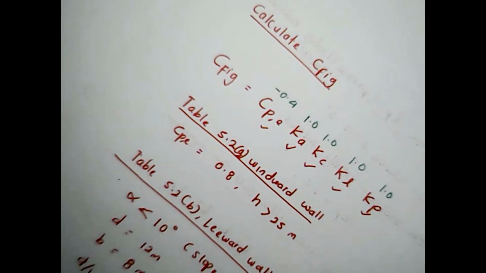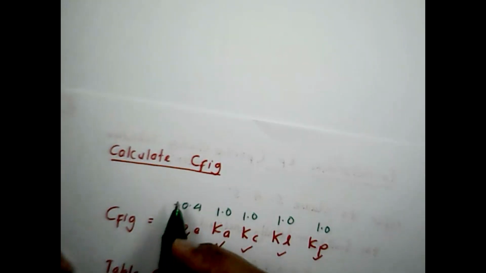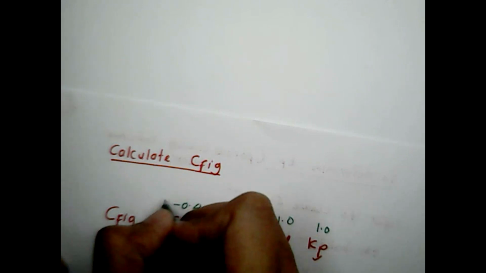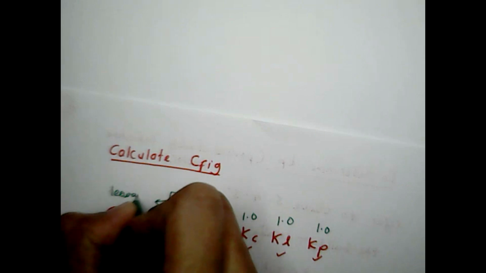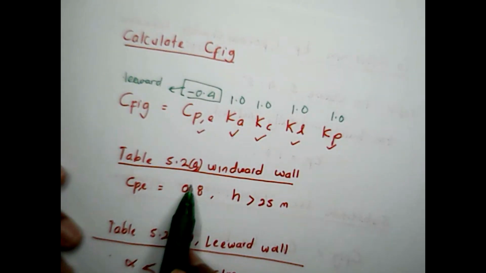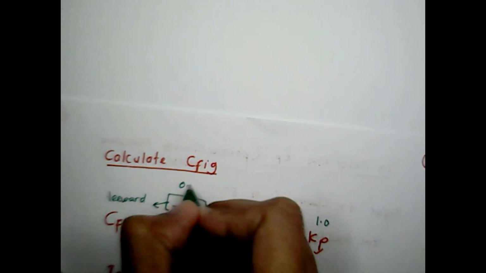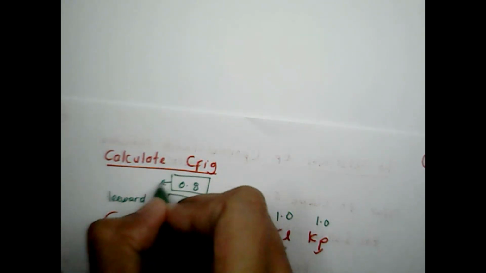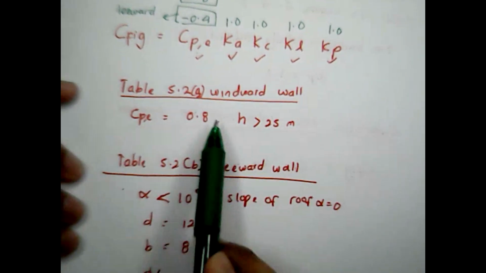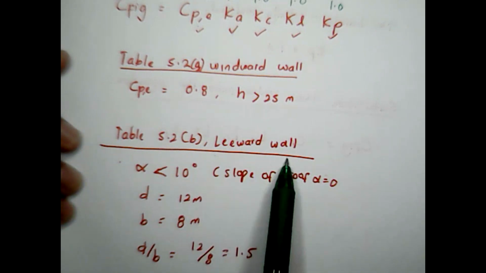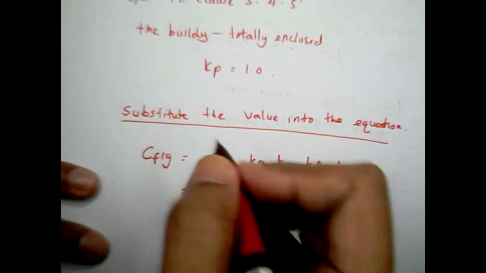Sorry, this is CPE. We have two CPE values: CPE negative 0.4 for leeward, and another CPE, which is 0.8 for windward. So you have two values for the windward wall and the leeward wall. Then substitute the values into the equations.